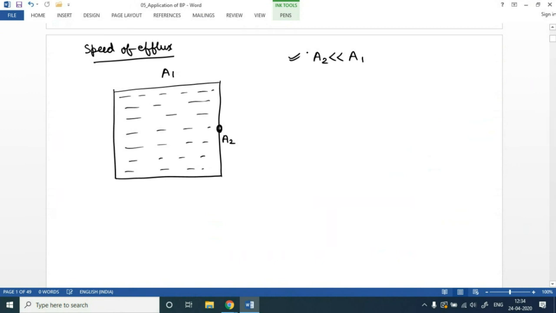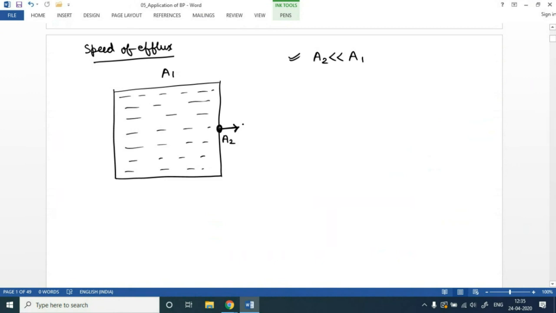That is what we mean when we say we have put an orifice. When we put an orifice over here, at this point we have exposed the liquid to the atmosphere. So liquid will start coming out from this orifice with a certain velocity, and we are interested in finding out this velocity, which would be known as the velocity of efflux.